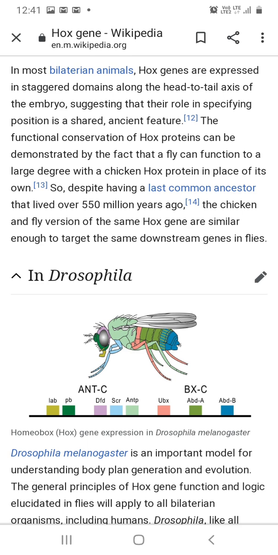So this important sequence was found out to be 180 base pair, and this particular 180 base pair is present in a homeobox gene.